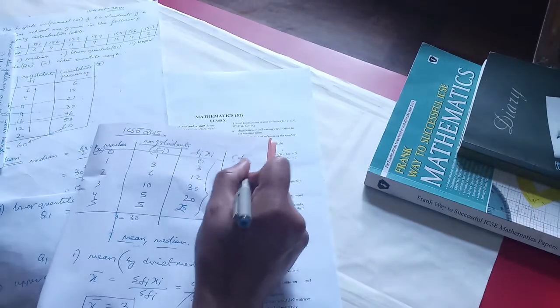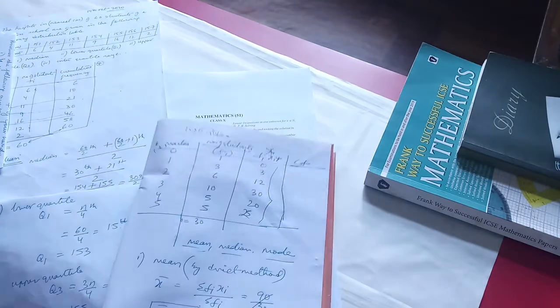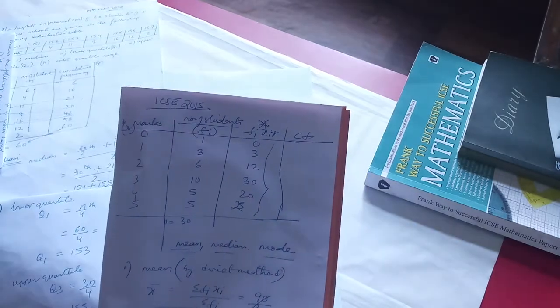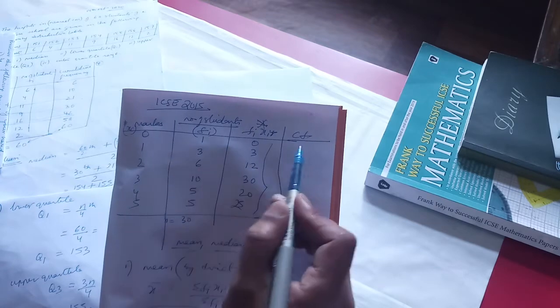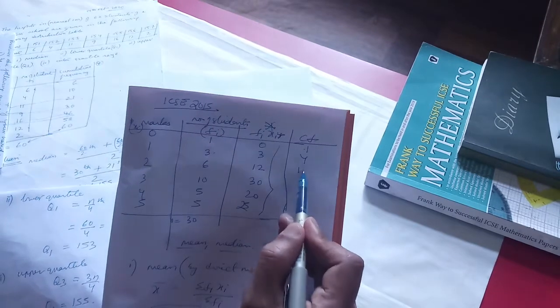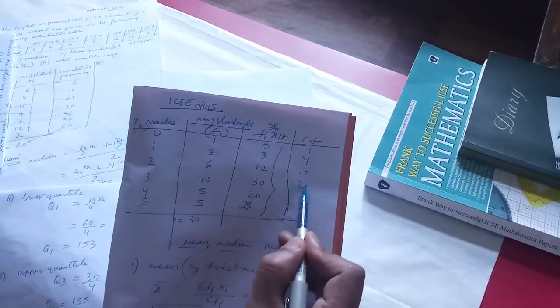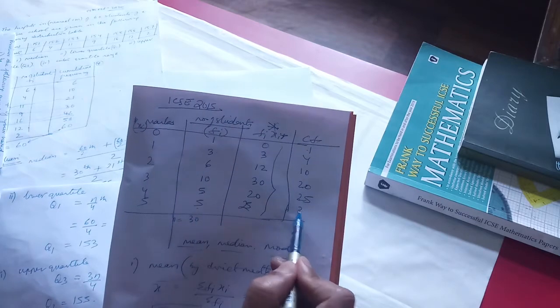So let us make this cumulative frequency here. This Fi Xi has got no role to play here in constructing the cumulative frequency. So you have to focus on the frequency and go on adding. 1 plus 3, 4, 4 plus 6, 10, 10 plus 10, 20, 20 plus 5, 25, 25 plus 5, 30.